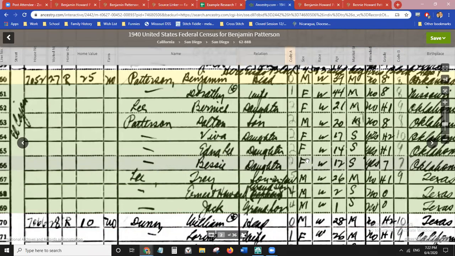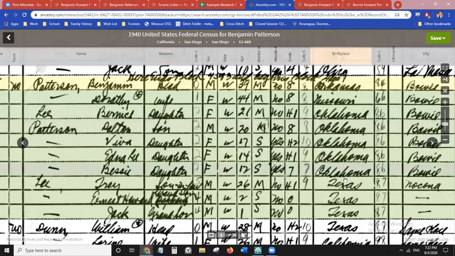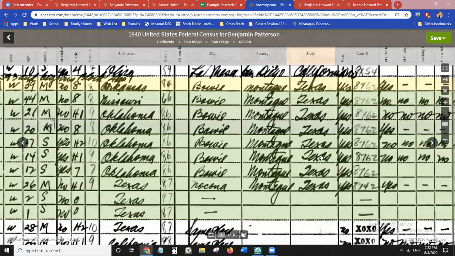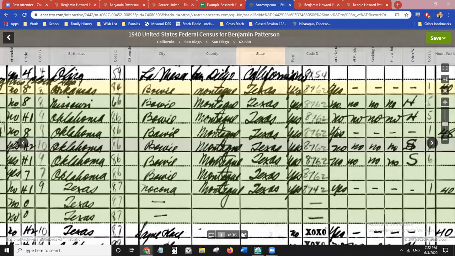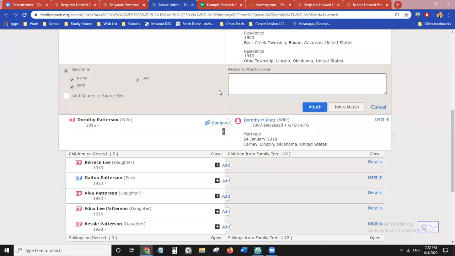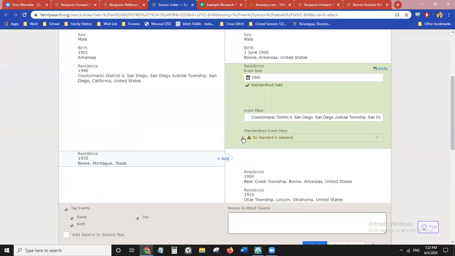So those seem to be their 5 children. They were all born in Oklahoma, which makes sense. That's where their parents were married. They were all living in Texas in 1935. So all good information. I'm going to go ahead and attach the sources.